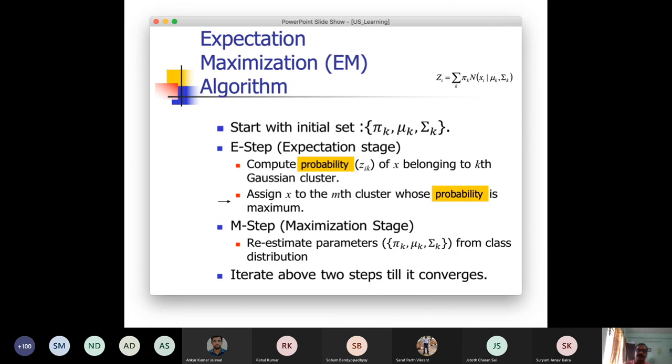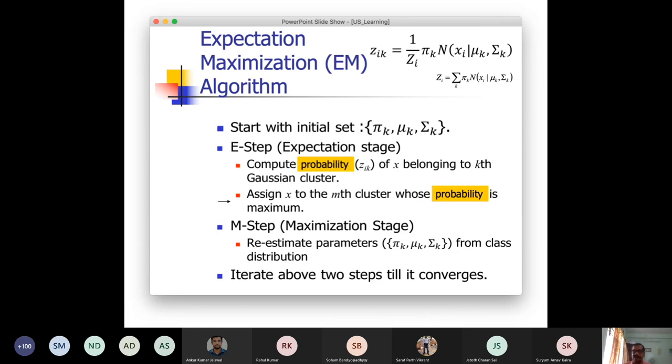As you can see, in the expectation stage, first you compute the probability of a data point belonging to the kth Gaussian cluster. This is how you can compute it for the ith data point, where i denotes the ith data point. For the ith data point, you find the proportional posterior for a class, and then you normalize it.